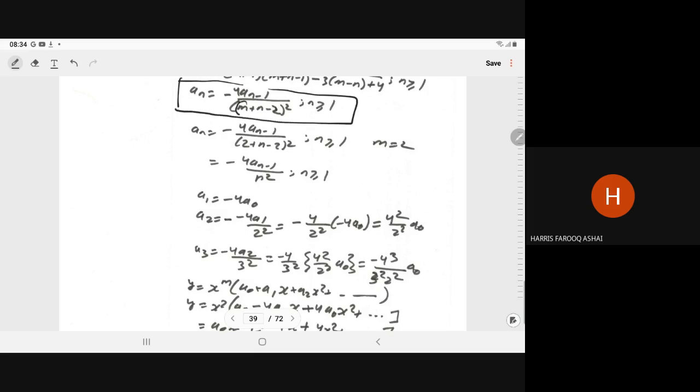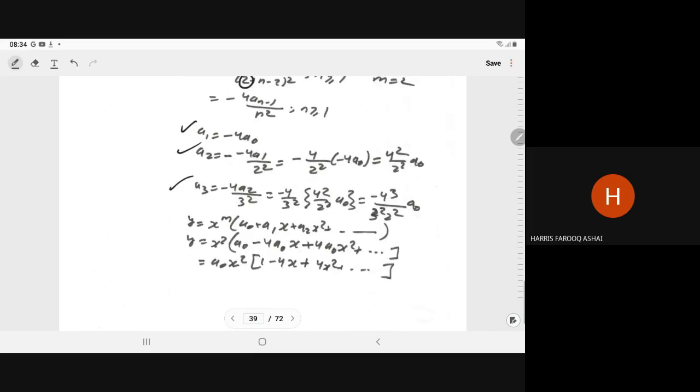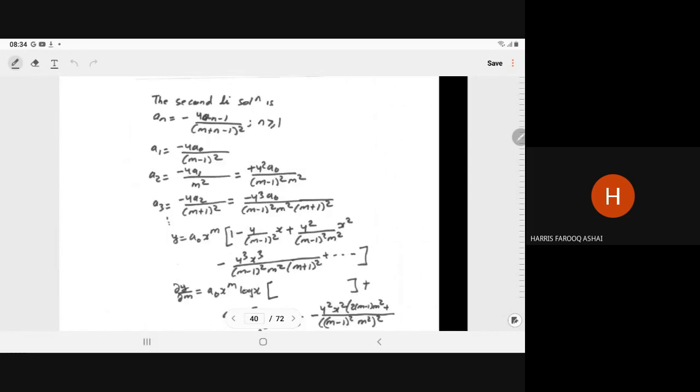Here we have put the value of m is equal to 2. So now you have the values of a1, a2, a3, and so on. Just put the values of a1, a2, a3 here. So that is the first Frobenius series, a naught x square into 1 minus 4x plus 4x square, and so on. The same thing we have already done.